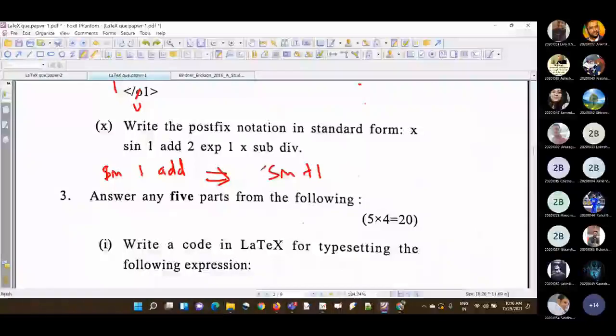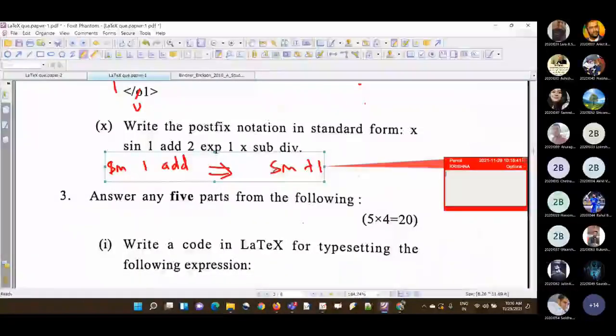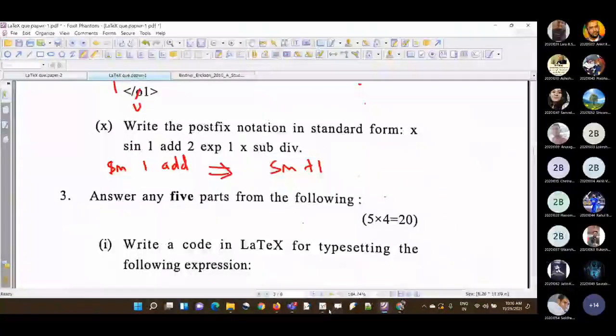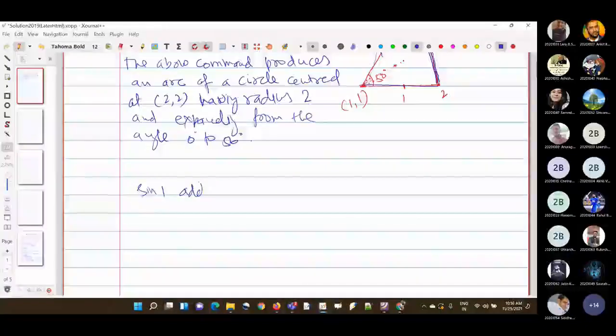Let me write here: sine 1 add. Then I think the exponent is 7 or what. They are writing add 2 exp 1 x, 2 exp 1 and then x.